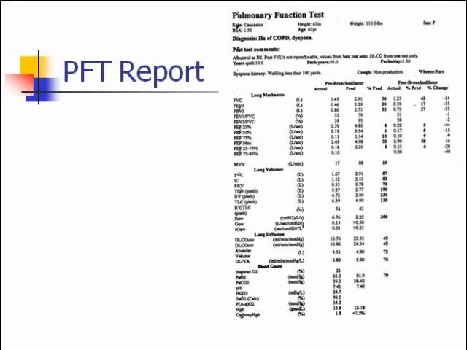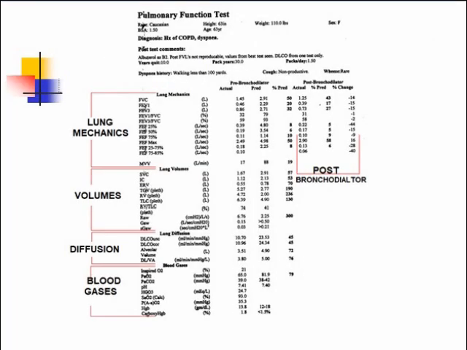Let's look at the whole pulmonary function report. This is all the data that we just got done looking at. It's been thinned out so that there's not so much, which makes it easier for me to talk about. From FVC down to peak flow, PEF, that's the pulmonary mechanics. We have both pre-bronchodilator and post-bronchodilator.